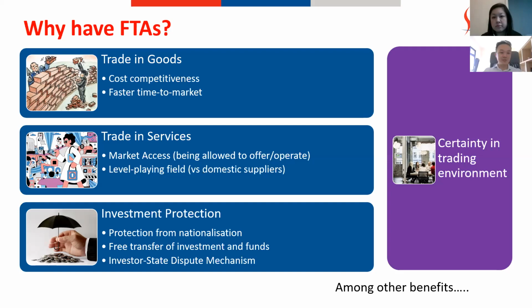There are also certain provisions that allow you to move your funds in and out. This is not always the case with many countries, which have certain restrictions on how much funds you can move out. And finally, you have an avenue to seek recourse if your rights are violated.